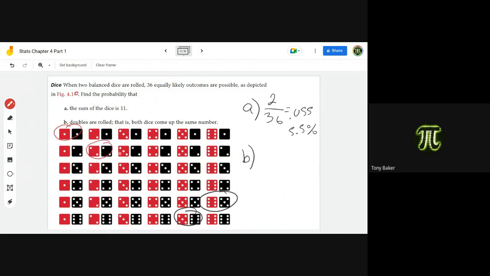So I have 1, 2, 3, 4, 5, 6. So it's 6 out of 36. So it's 0.167 or 16.7%.